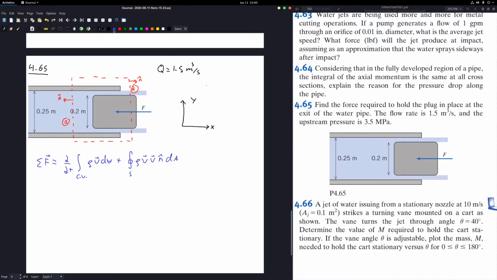Here, because we are at steady state, we know that the rate of change inside the control volume is going to remain constant, which means it will be 0.